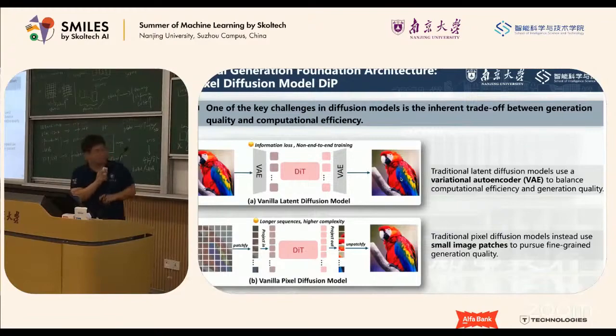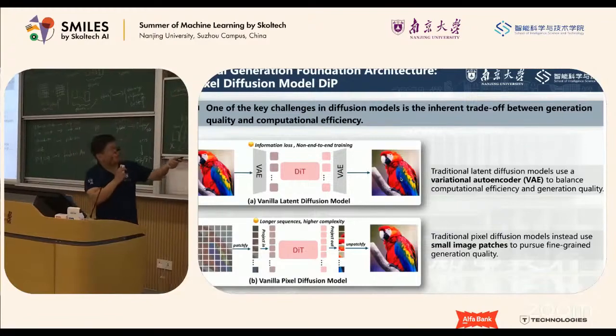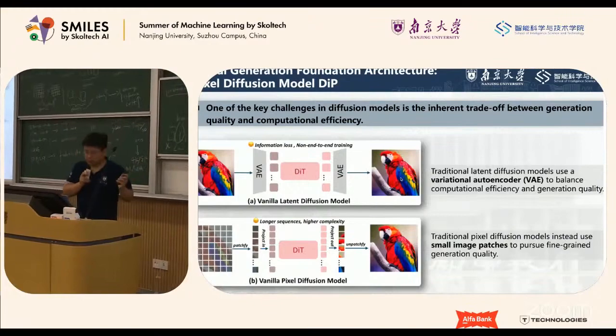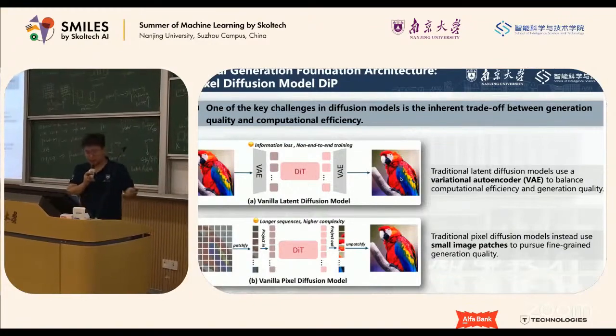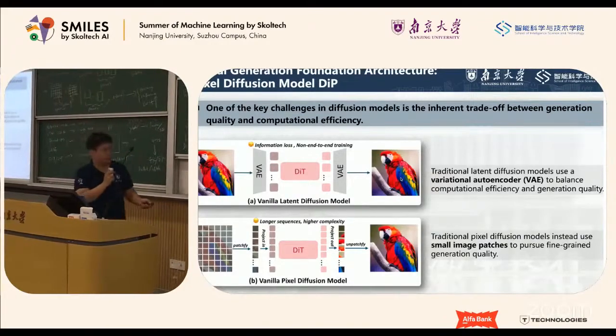Yeah. So we propose DIP, which is a pixel diffusion model. So DIP is introduced as an attempt to obtain the pixel level quality efficiently.